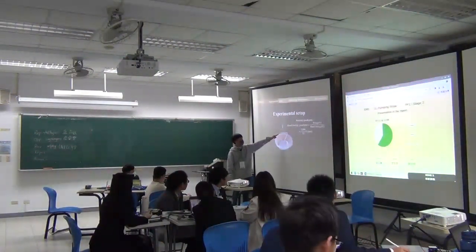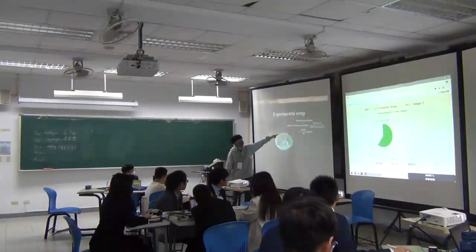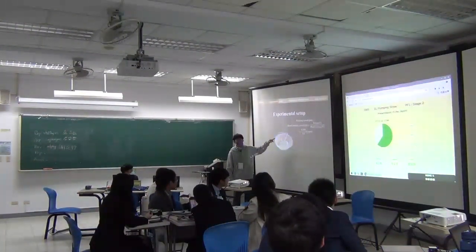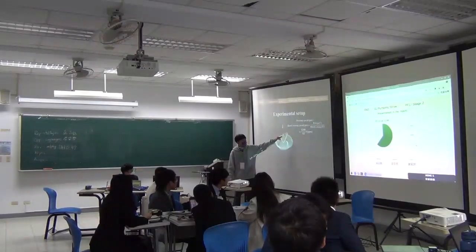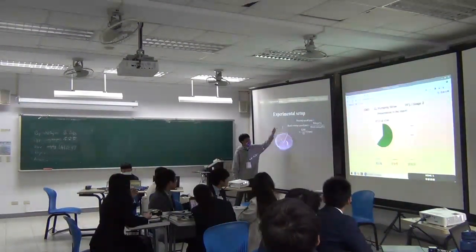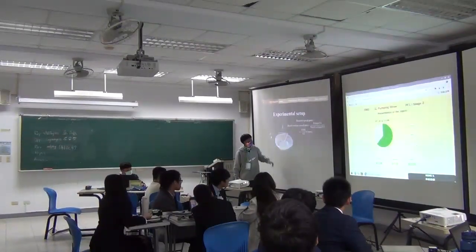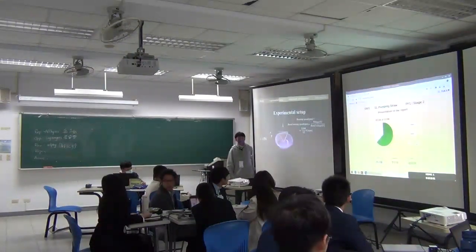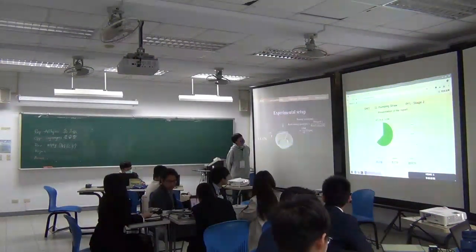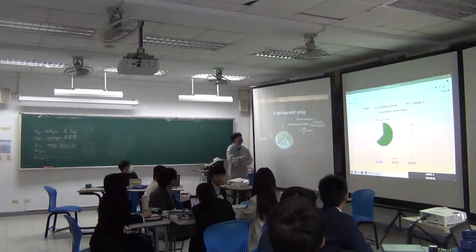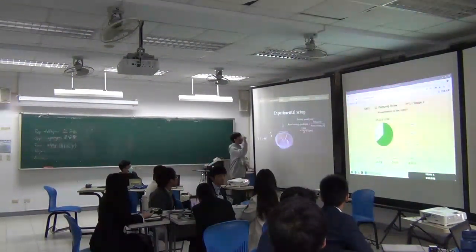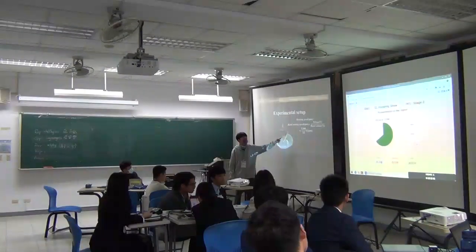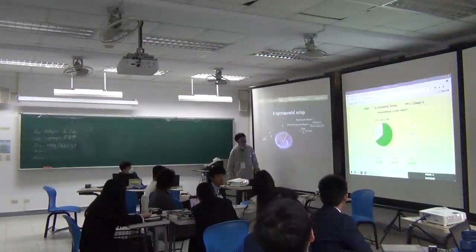So we know that the rotating speed is the rated rotating speed times the voltage we gave it over the rated voltage.